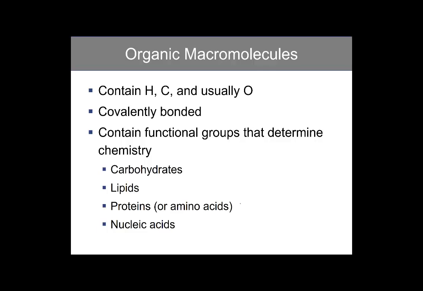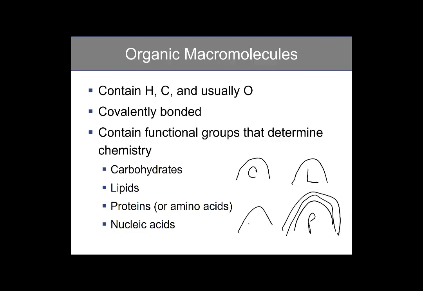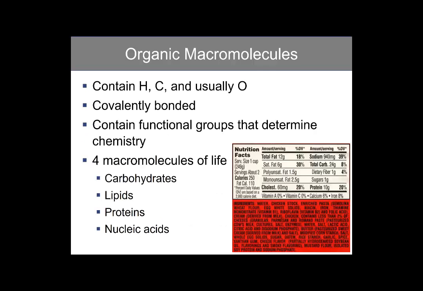If you were to take the body and start picking it apart molecule by molecule, you would end up with 4 large piles. You would have a pile of carbohydrate, a pile of lipid, a pile of protein, which would be the largest pile, by the way, and then a pile of nucleic acids. I fondly refer to these as the macromolecules of life.